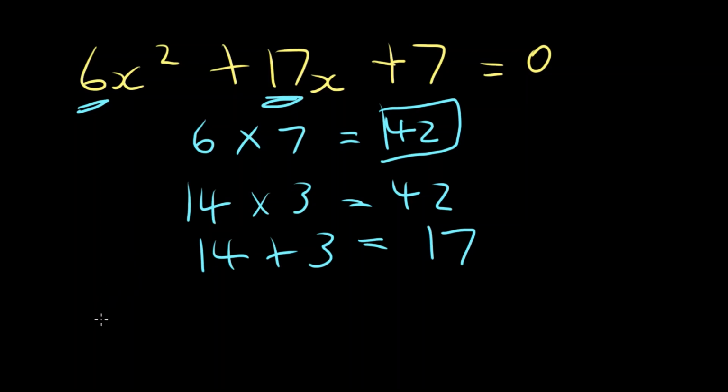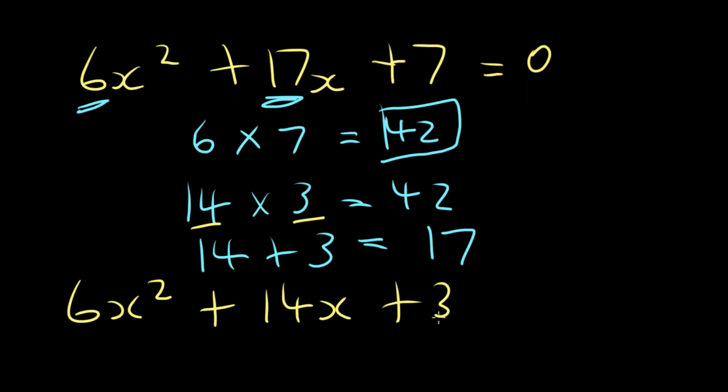So the initial equation, 6x squared plus, so we want to break the 17x up into the newly found factors. So 14x plus 3x plus 7. So this is equivalent to this equation. It's identical, except that we've broken the x term up.